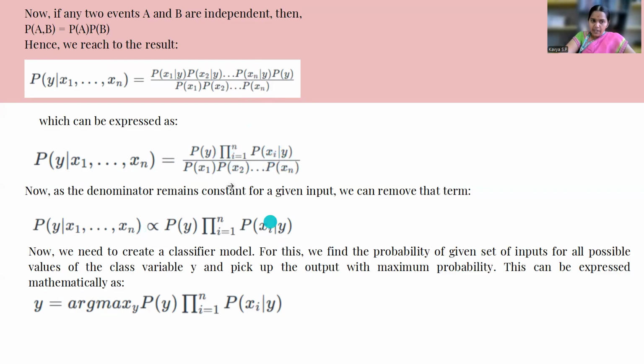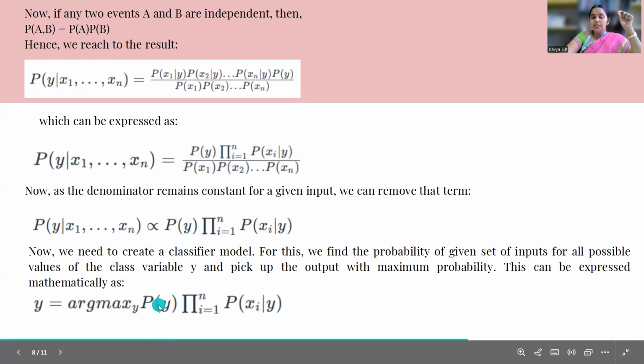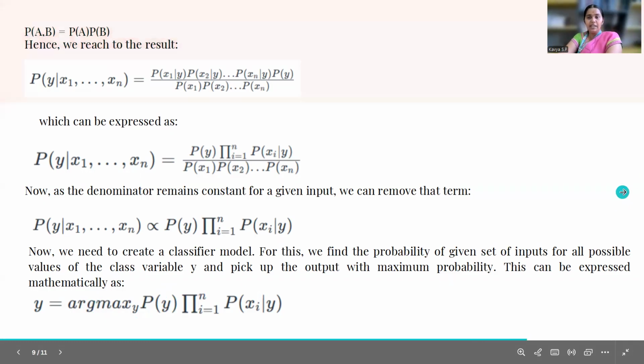So I can rewrite this formula as probability of y into the product of probability of xi for each y, for each yes, right? So this will be my resultant value. From this resultant value, I'll take whichever is the highest value, that is the maximum value, argmax. Why argmax? Because the solution will be in decimal places, right?